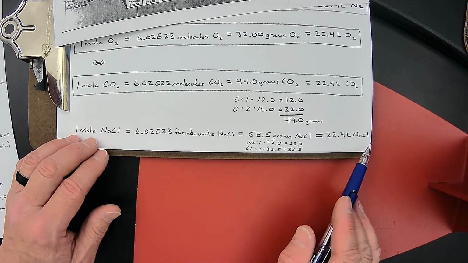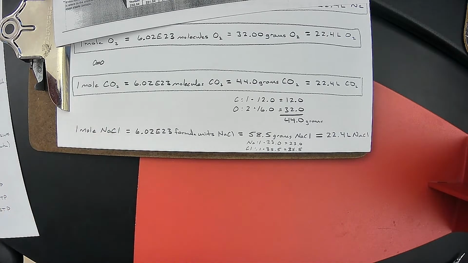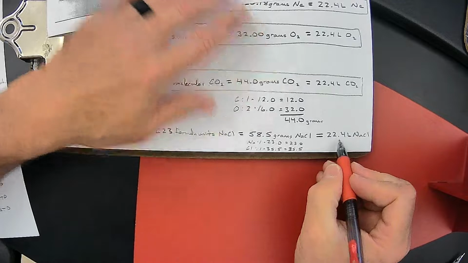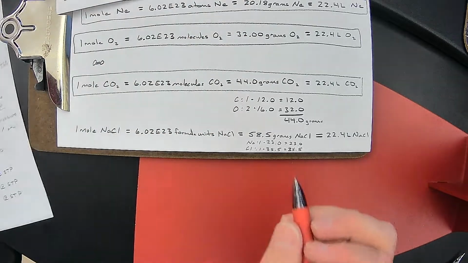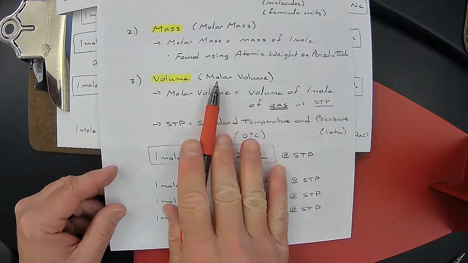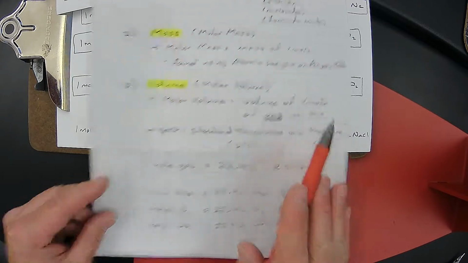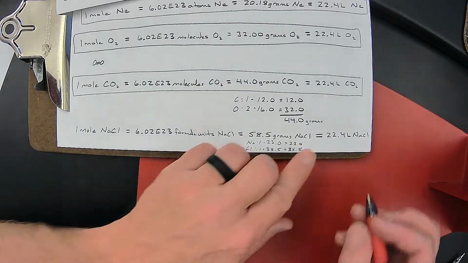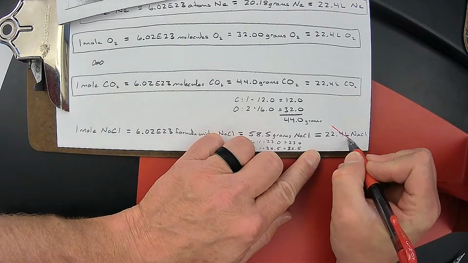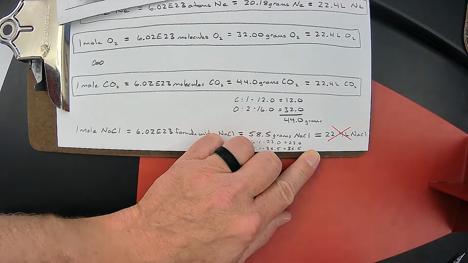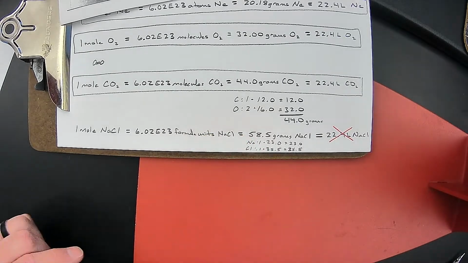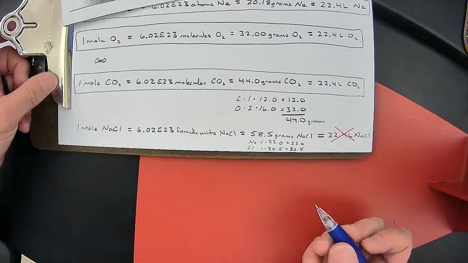It's a solid. So we are not allowed to put this 22.4 here. Remember, when we set up molar volume, it's only if it's a gas and it's at STP. So this is not allowed. We would not be able to put that last piece in there.